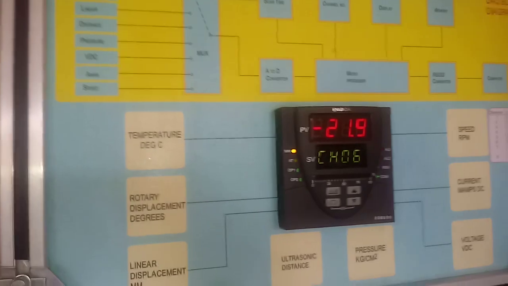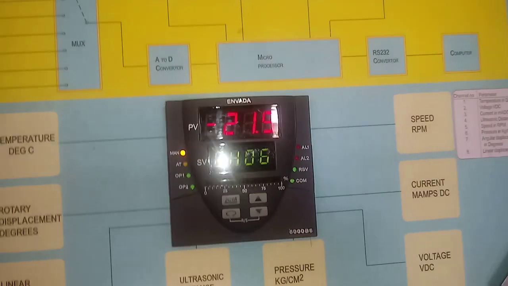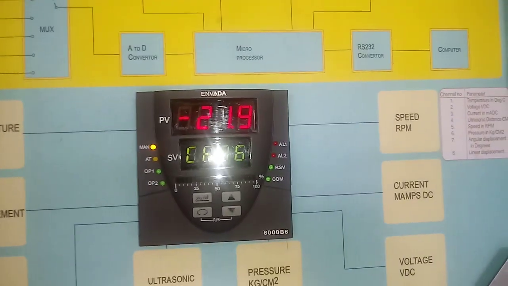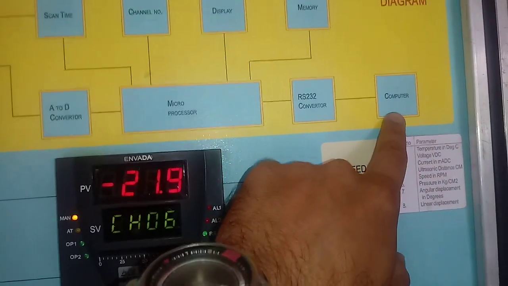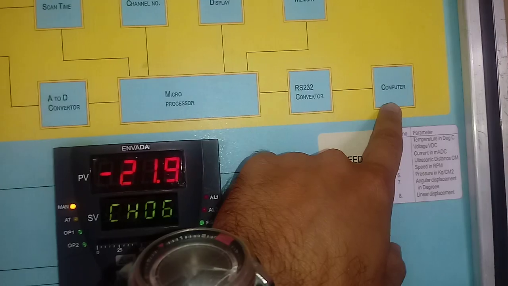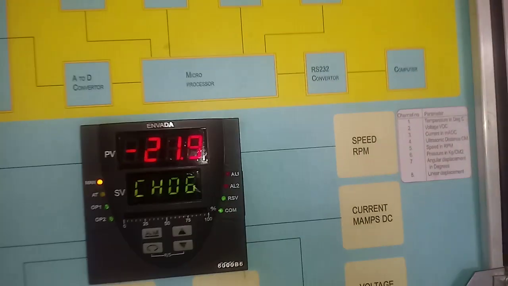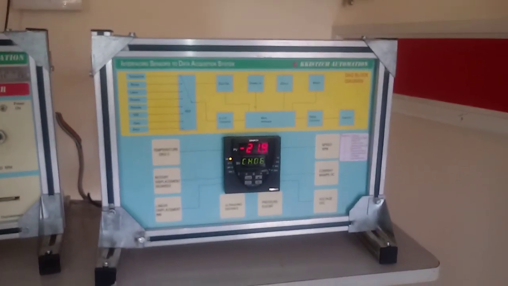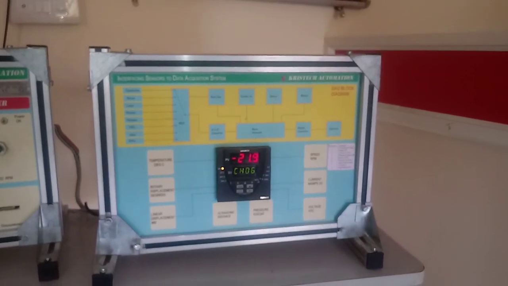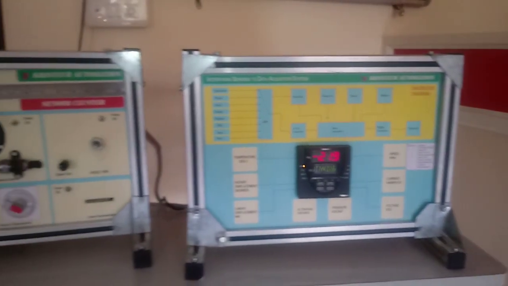For example, in the case of a pressure sensor, the pressure is converted into digits. And at the end of this diagram you can see there is a computer, not converter, sorry. So what is the purpose of the computer? I can connect this whole equipment to a computer. That is my main requirement.